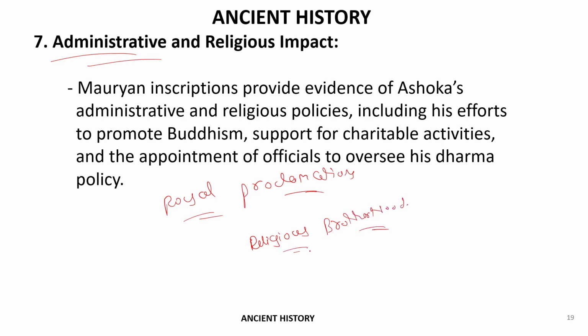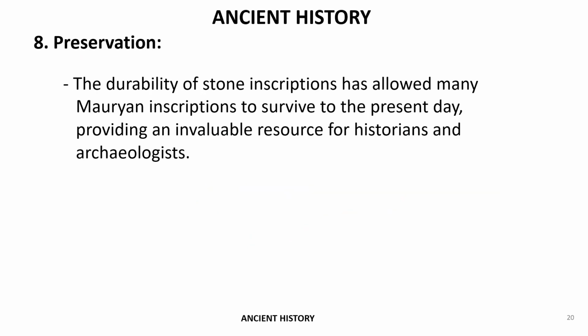Okay. Then also including his efforts to promote Buddhism, support for charitable activities and the appointment of officials to oversee his dharma policy. So all these things were mentioned on these inscriptions. Got it? Now let's move forward.